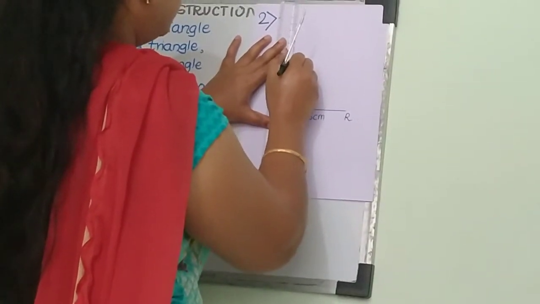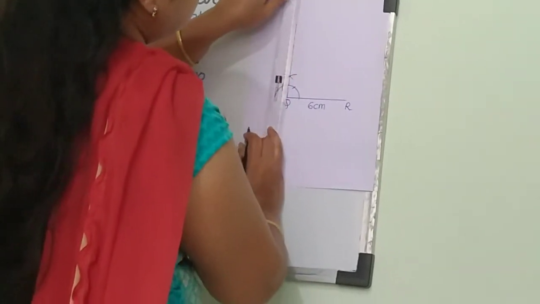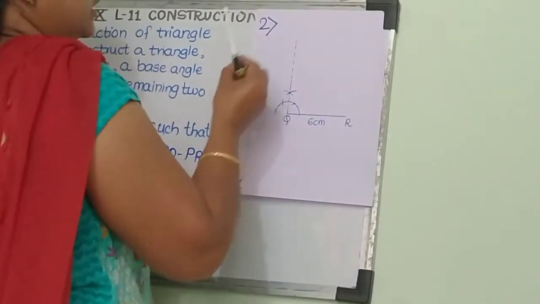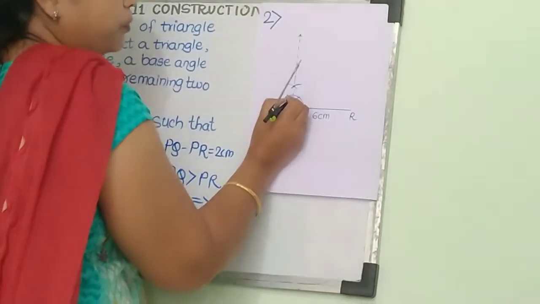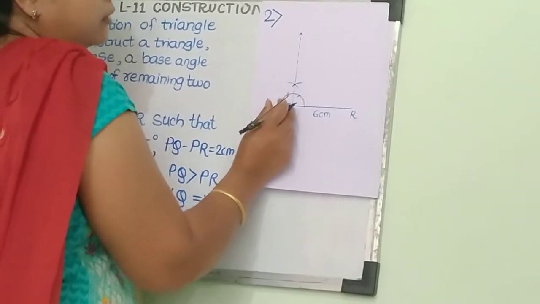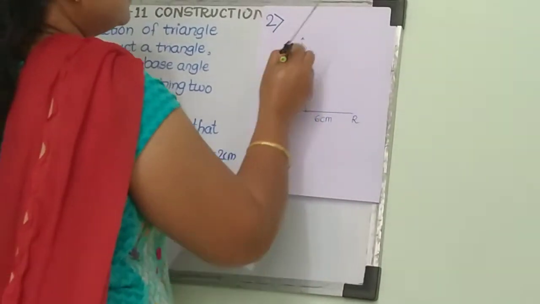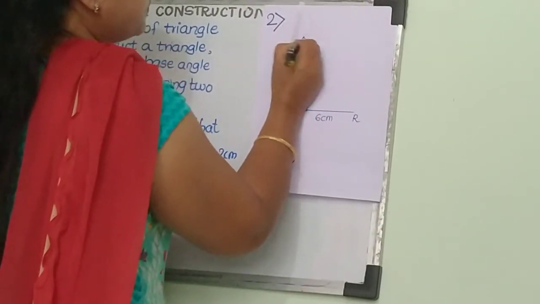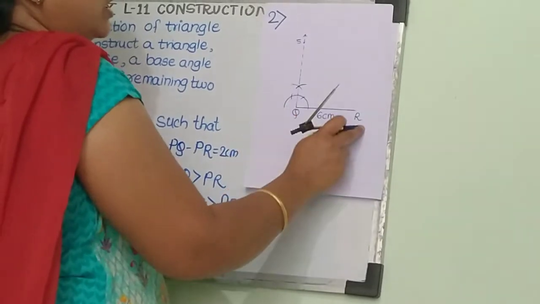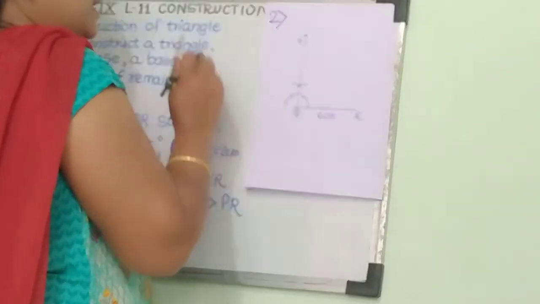The 90 degree angle is not the angle of the given triangle, so I will draw it dotted. After that we have to draw the angle bisector. Suppose this point is S. So SQR is of 90 degrees, and we have to bisect it.